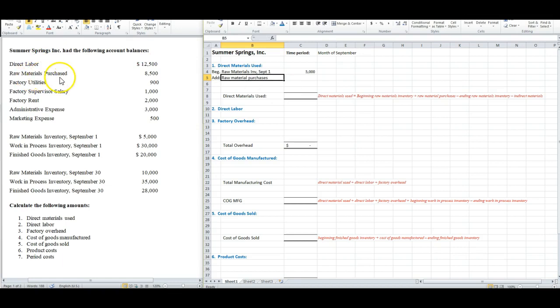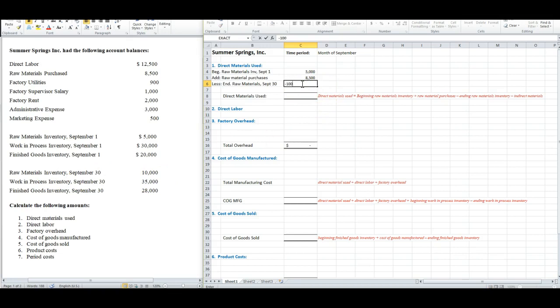To this, we want to add any raw material purchases we've made during the month. According to our instructions, the raw materials purchased were $8,500. Next, we will subtract what we didn't use. That's going to be our ending raw materials inventory. So ending raw materials inventory, we see here, is $10,000.